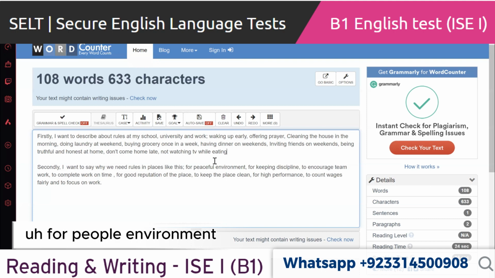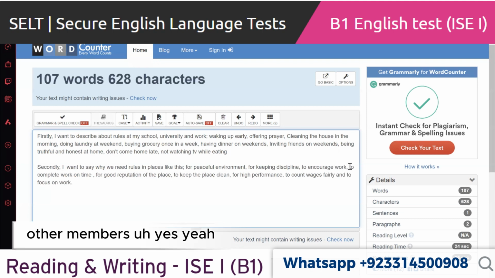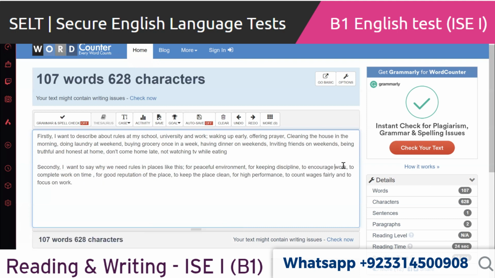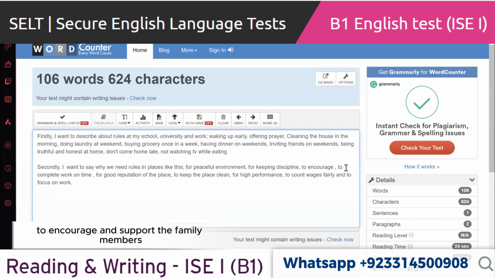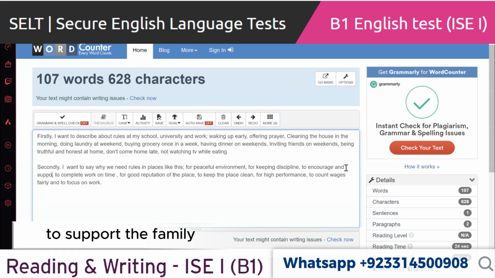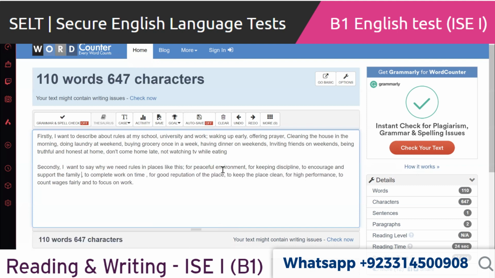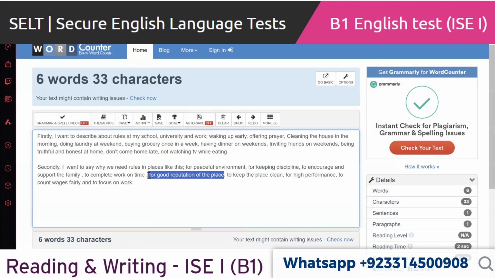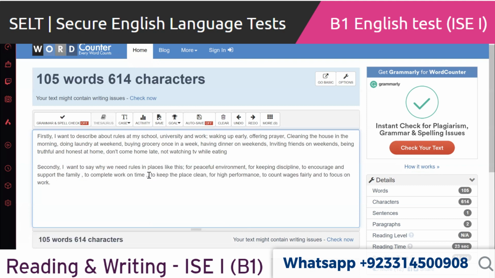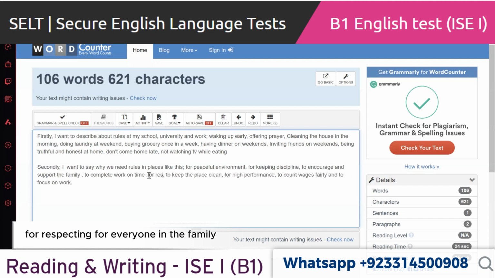Definitely for keeping discipline in the environment, to encourage and support the family members and housemates, to complete work on time, for good reputation, for respecting everyone in the family.